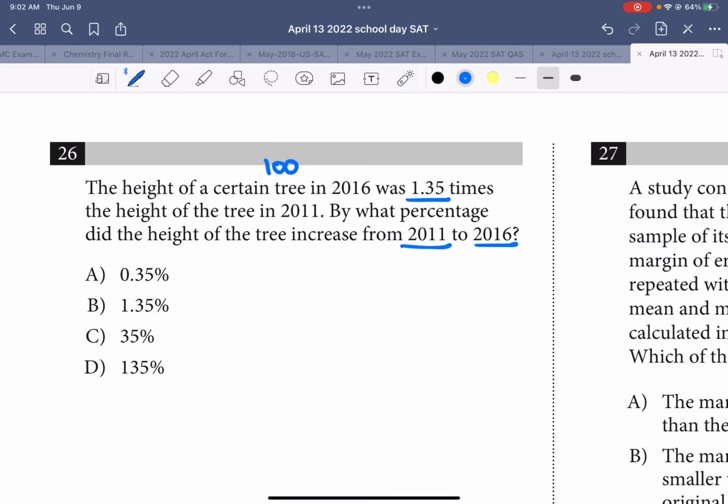I'm sorry, 100 is the height in 2011. And 2016 is 1.35 times that. So then in 2016, it is 135, because 1.35 times 100 is 135. So what percentage increase from 100 to 135? So you subtract.